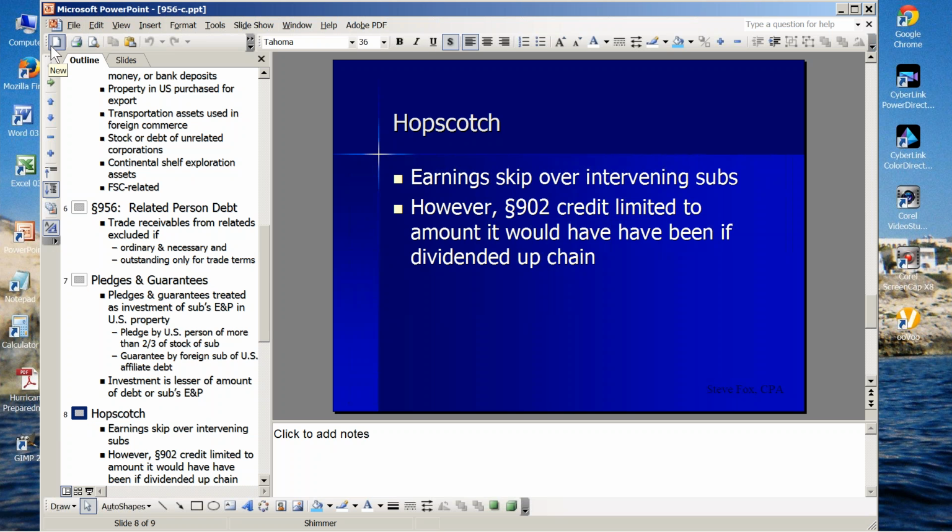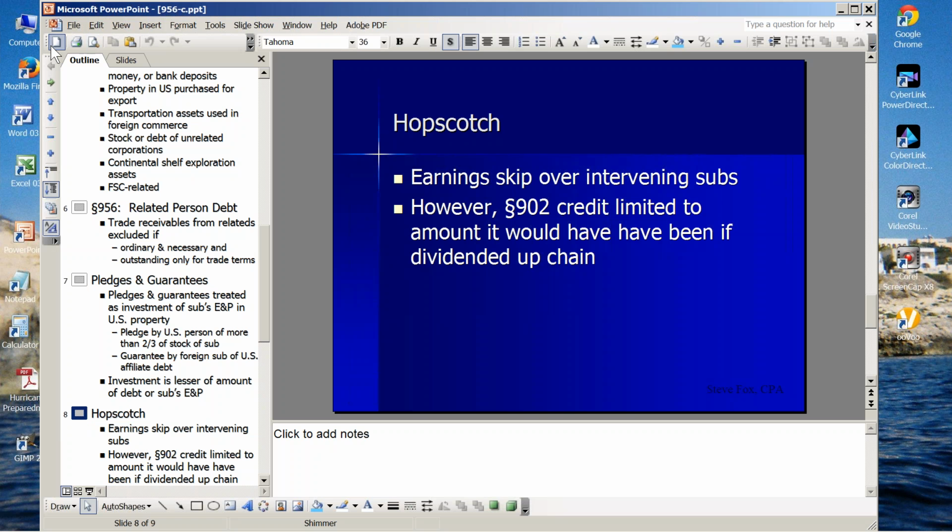The E&P stays in that third tier foreign subsidiary. The U.S. shareholder has an income inclusion. Hopscotch. Now, it used to be that we could bring a bunch of tax with it without having dilutions in between, but Congress wised up to guys like me and changed that law.